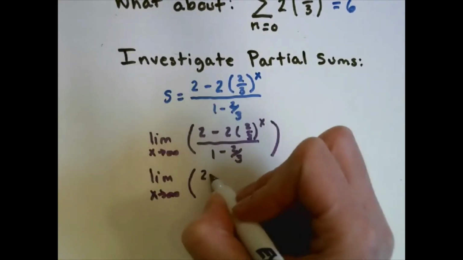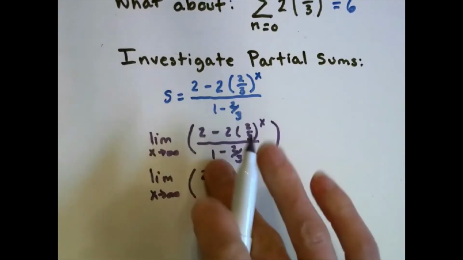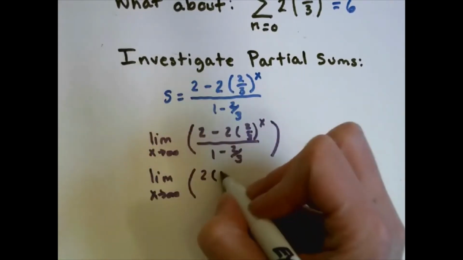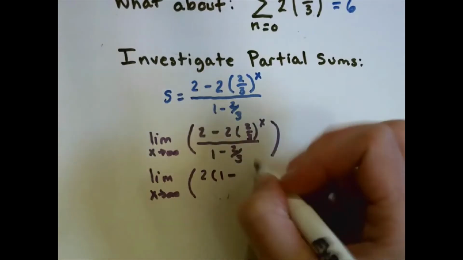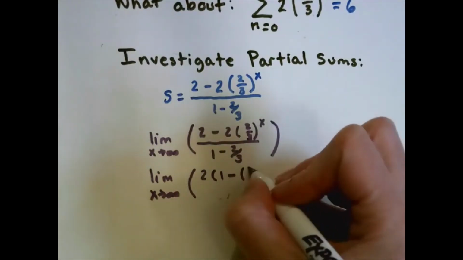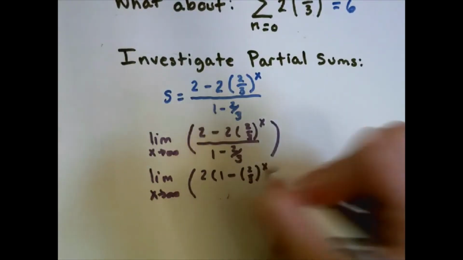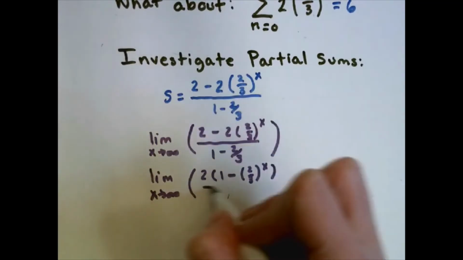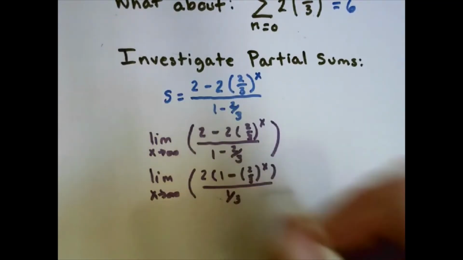So I'm going to have 2 times 1 minus 2/3 to the x over, we'll go ahead and just call that 1/3.